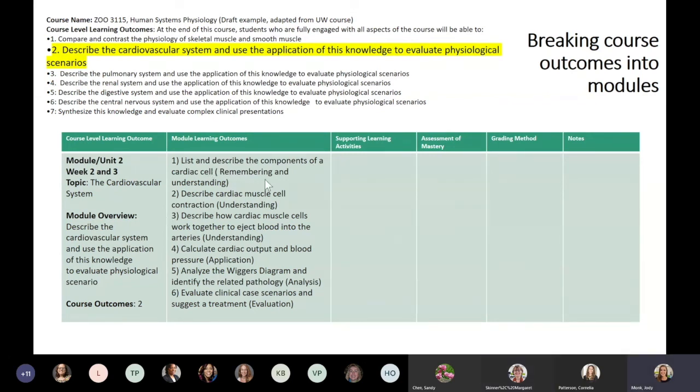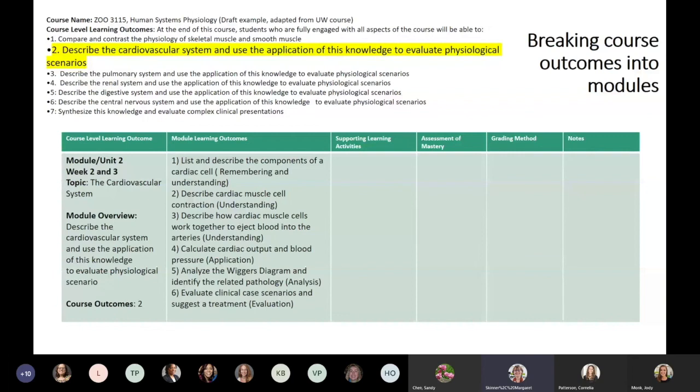And Meg here, she added the Bloom's level, so she has remembering and understanding. That's a practice you are welcome to engage in, but you absolutely don't need to list those here. So the course map typically, again, is just for your planning purposes. Some people will take it and shift it over, but I really only added it here just to help us think about organising our module learning outcomes.